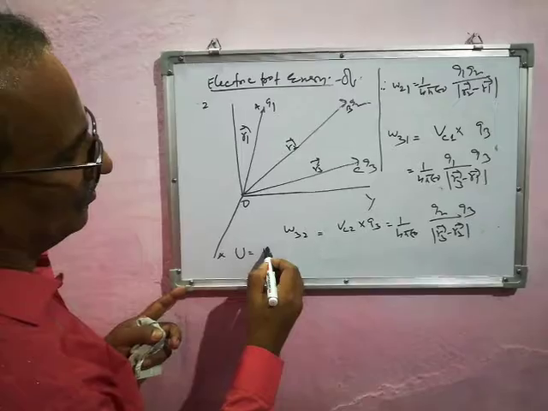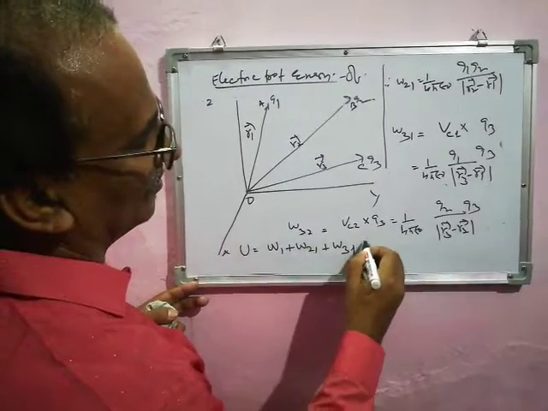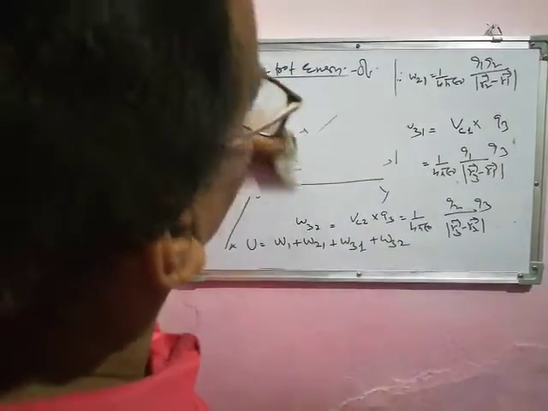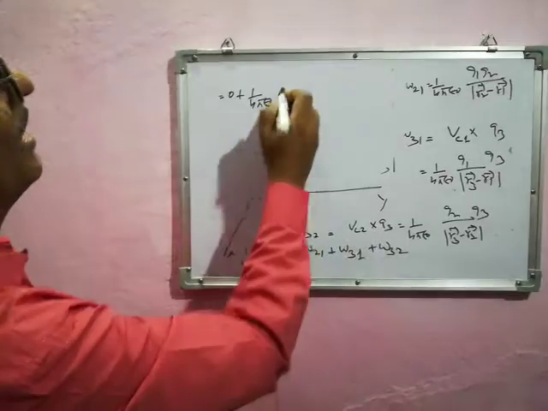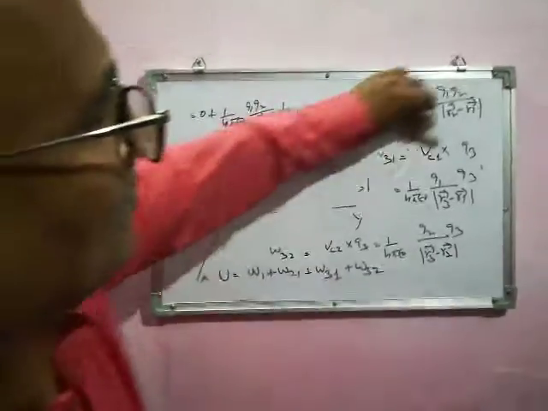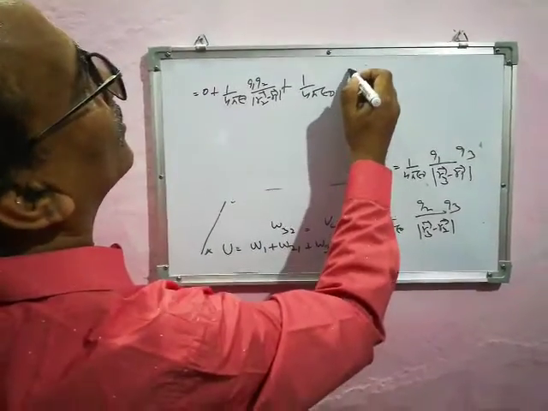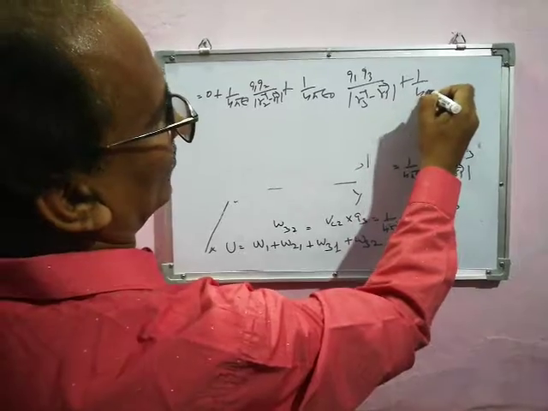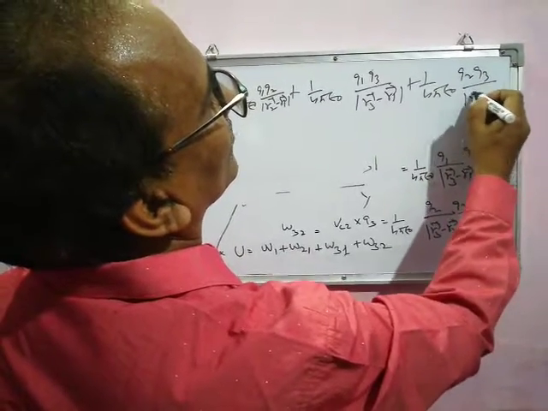So potential energy will be equal to the work done in bringing the first, plus the work done in bringing 2 due to the presence of the first, plus the work done in bringing 3 due to the presence of the first, plus the work done in bringing 3 due to the presence of 2, and it becomes equal to 0 plus 1 by 4 pi epsilon naught, Q1 Q2 divided by mod of R2 minus R1, plus 1 by 4 pi epsilon naught, Q1 Q3 divided by mod of R3 minus R1, plus 1 by 4 pi epsilon naught, Q2 Q3 divided by mod of R3 minus R2.